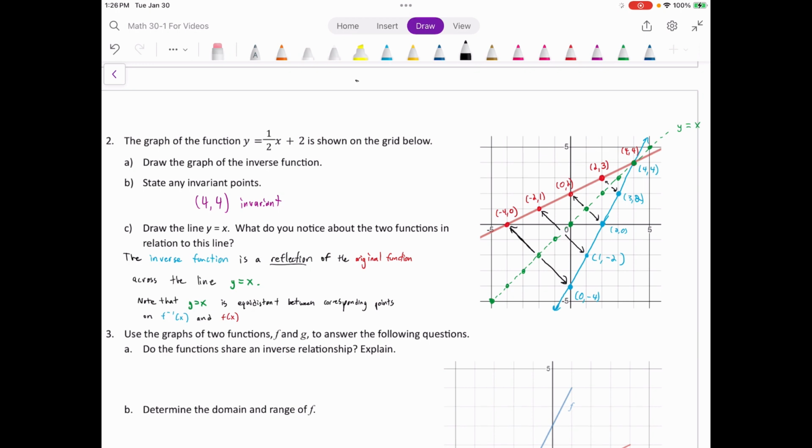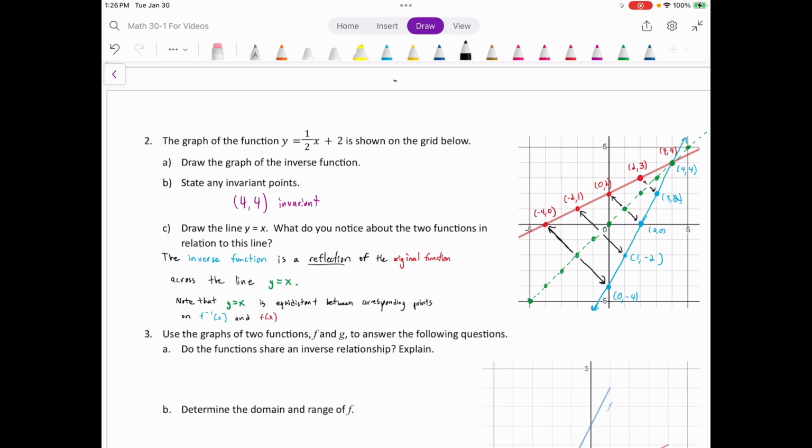So just putting that down in words, what we just talked about: what do we notice about the two functions? The inverse function is just a reflection of the original function across this line, y equals x. Again, like we pointed out, y equals x is just equidistant between any two corresponding points.